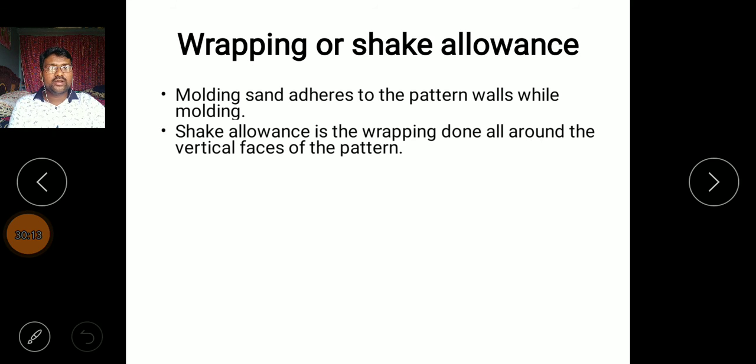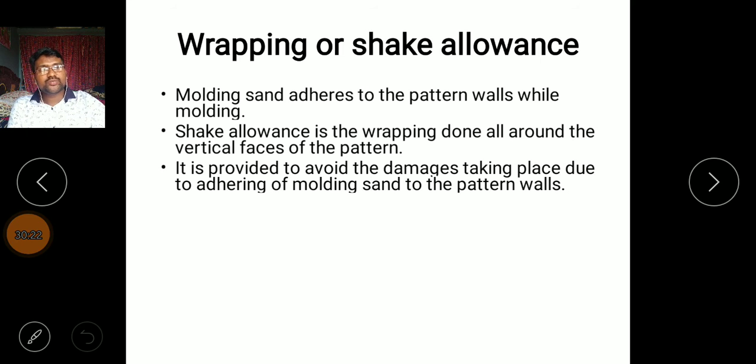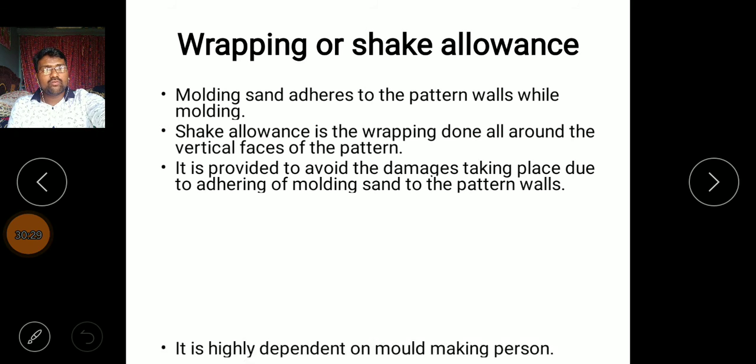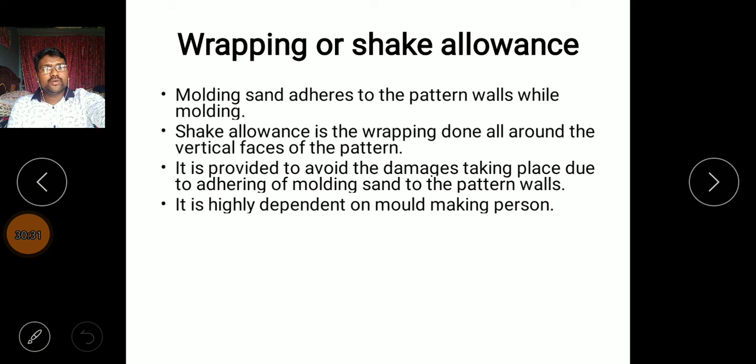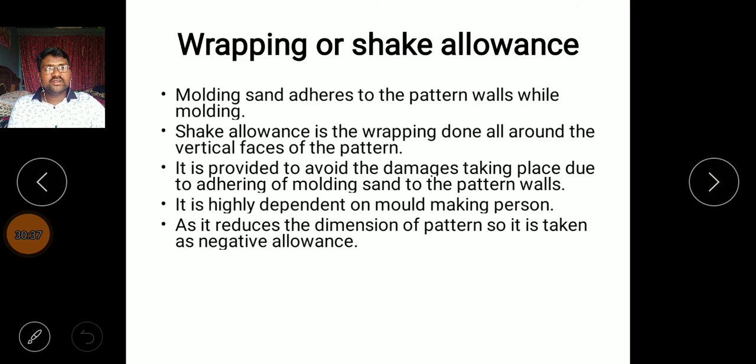During wrapping, the dimensions of the mold cavity will increase, so we have to provide a negative allowance. It is provided to avoid the damage taking place due to adhering of the molding sand to the pattern walls. It is highly dependent on the mold making person. As it reduces the dimensions of the pattern, it is taken as a negative allowance.